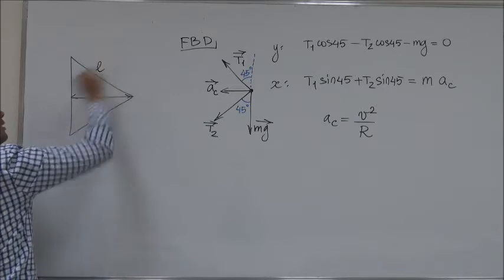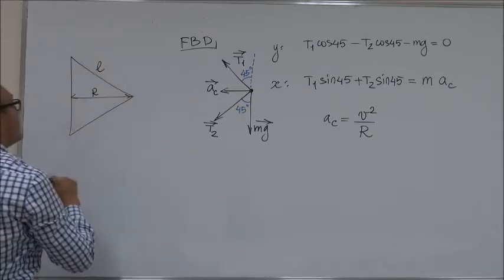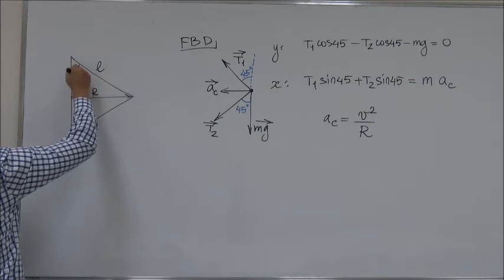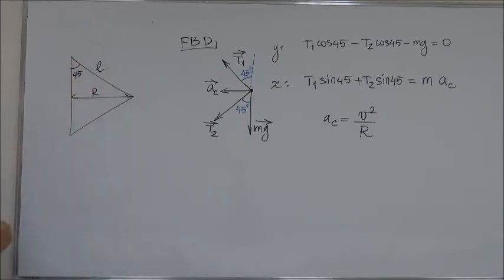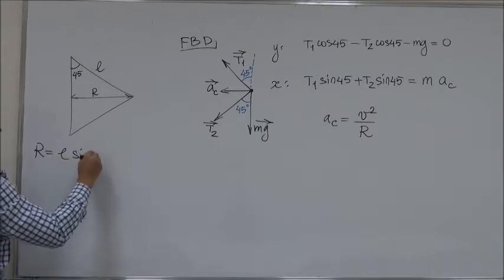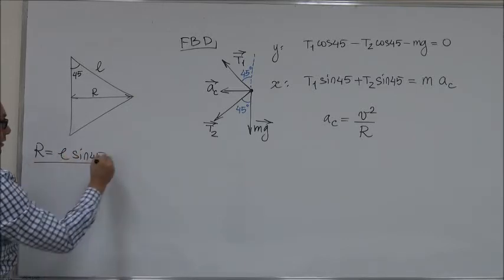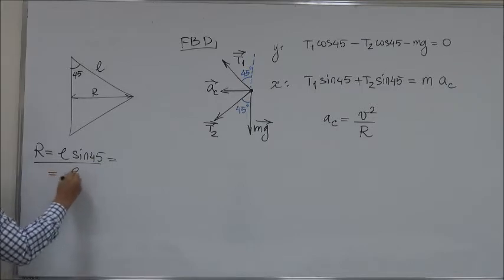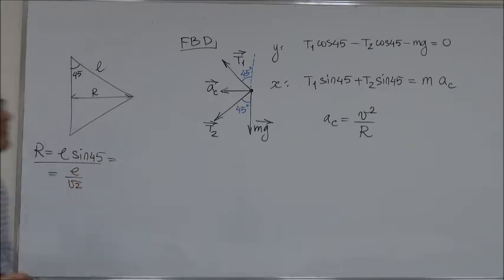Remember, we are given L, but we are not given r. Well, we also know this angle 45, so we can make a connection there. We can say that r is equal to L sine 45, or L divided by square root 2.